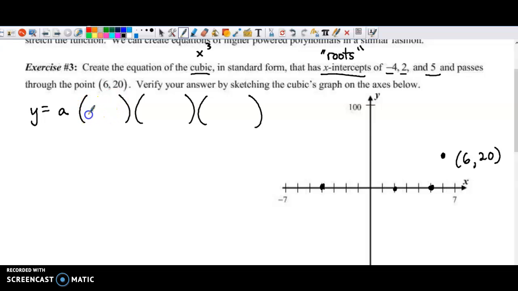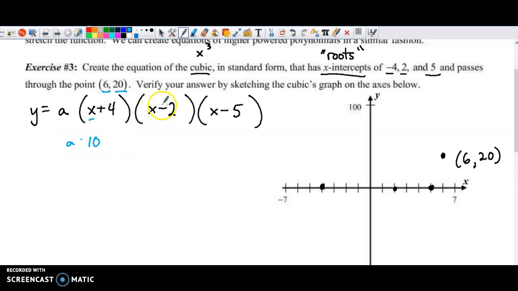And what we have inside of here are the opposite. So we have x plus 4, x minus 2, and x minus 5. So maybe what I'll do is, in a different order, plug in 6 for all of these x's. So 6 plus 4 is 10.